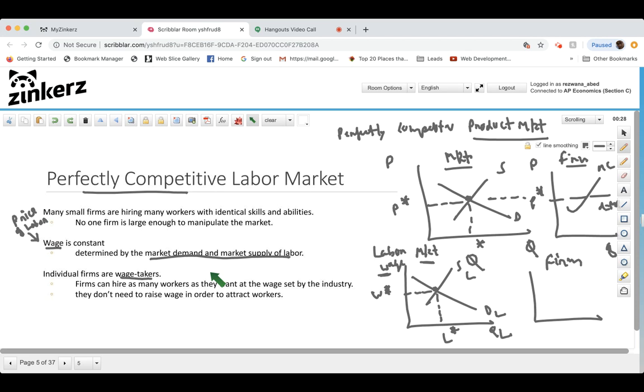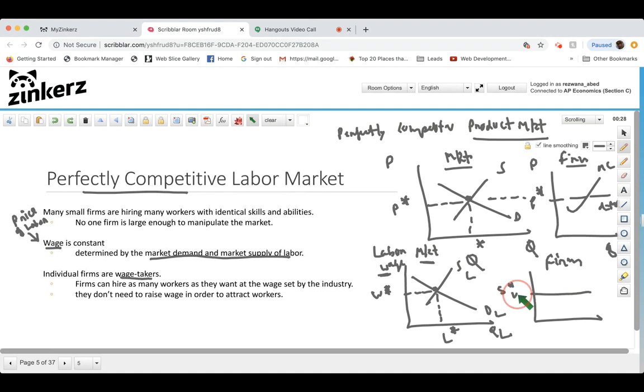Okay, so for farms, as you can imagine, wages are a cost for them. If you have to pay someone, it's a cost. So it's not going to be about the demand side, but it's going to be about the supply. For perfectly competitive labor markets, the supply is constant.